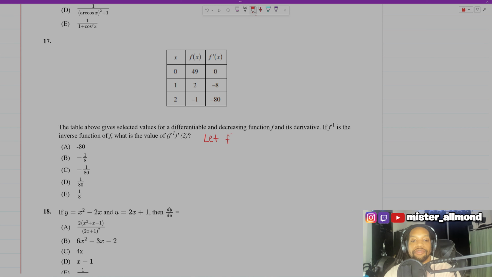Let f inverse of x, I'm going to call it g of x, just to make it look familiar. So essentially that means I'm finding g prime of 2. I like it like this because I know the formula. g prime of x equals 1 over f prime of g of x.